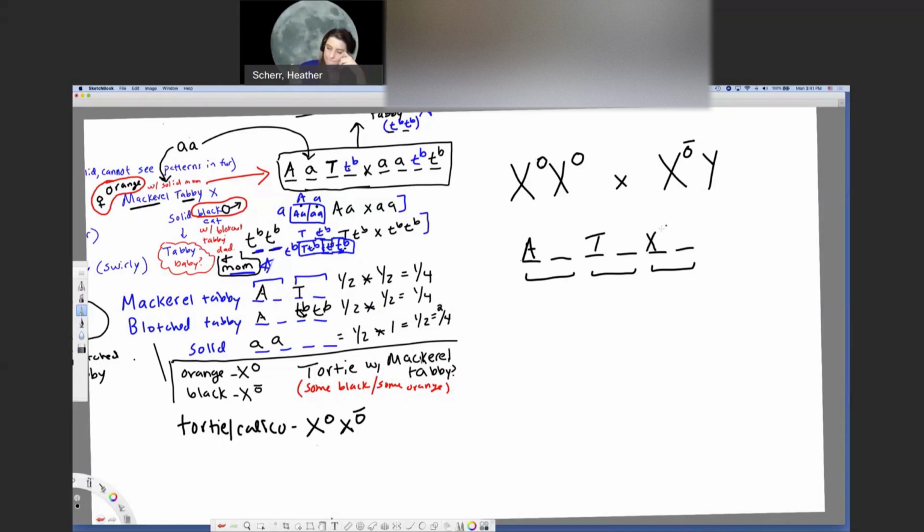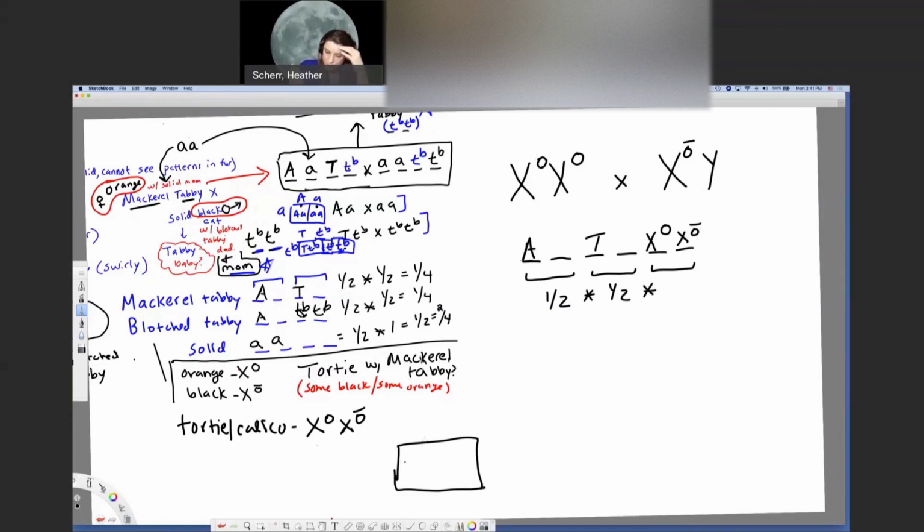X big O, X little o. So first of all, we know what sex the baby has to be in order for this to work. You'd end up with a female baby. So let's do the cross for the X's now. We've already figured out these other ones, and just the same as before, you could just use a 1/4, but in this case, we have the big A. We have the big T, at least one.